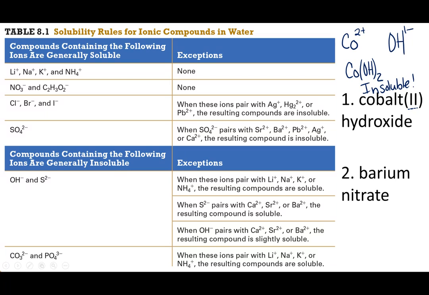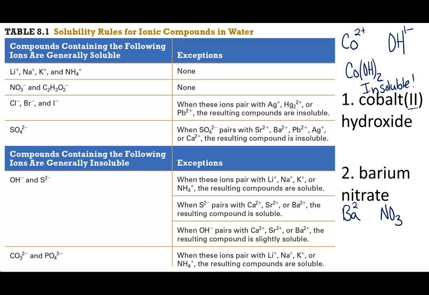Barium nitrate. So the chemical symbol for barium is Ba. The chemical symbol for nitrate, nitrate is one of our polyatomics, NO3. Barium is in group 2A, so it's got 2 valence electrons. It's going to give those 2 away.